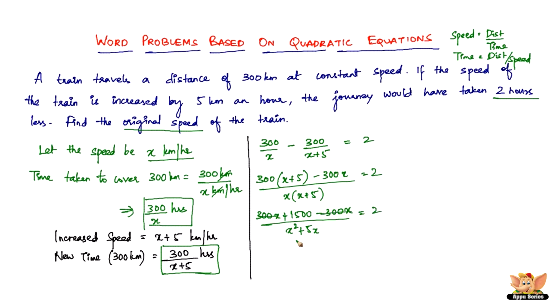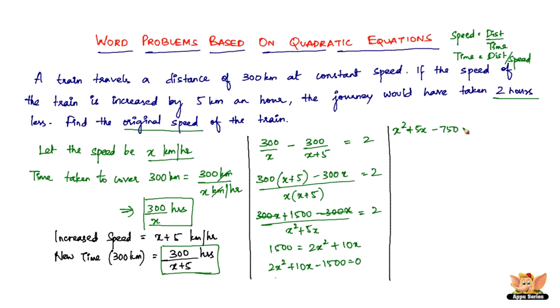The 300x cancels. 1500 equals 2 times x squared plus 5x, which is 2x squared plus 10x. Rearranging, we get 2x squared plus 10x minus 1500 equals 0. We can divide the entire thing by 2 and get x squared plus 5x minus 750 equals 0.